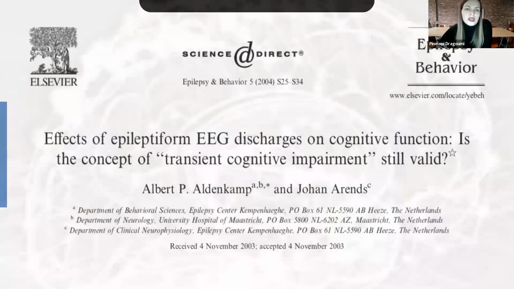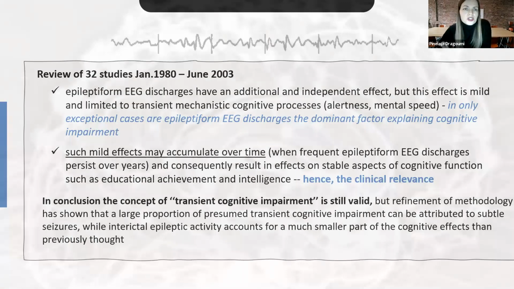And in terms of the overall discussion about the effect of the EEG discharges and the impairment during these discharges, there has been a review, an analysis of 32 studies that have been published in AEDs.